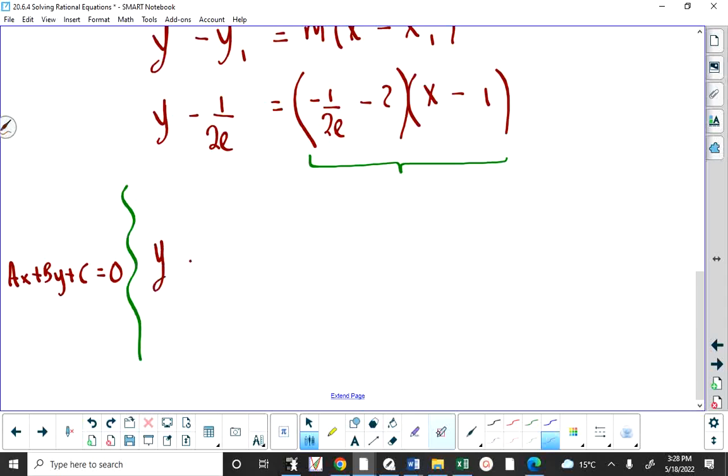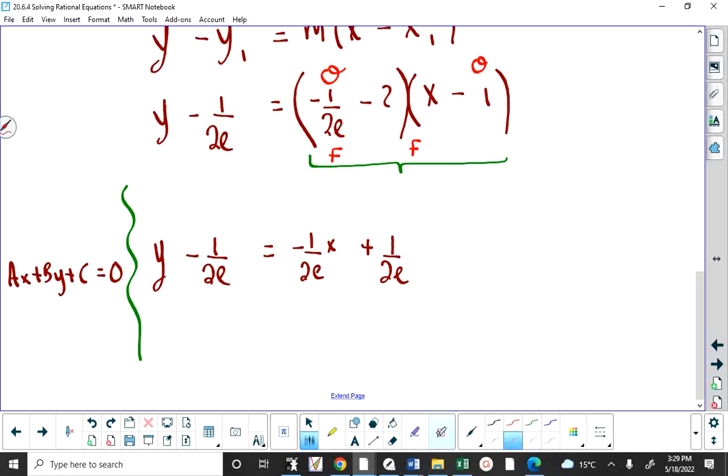We have y minus 1 over 2e is equal to, so I'm going to multiply my first, and that will give me negative 1 over 2e multiplied by x. I'm going to multiply my outer, which is negative 1 over 2e times negative 1, which gives me positive 1 over 2e.